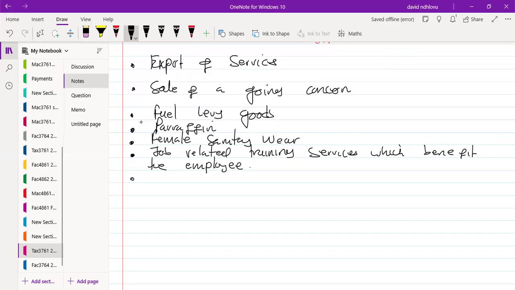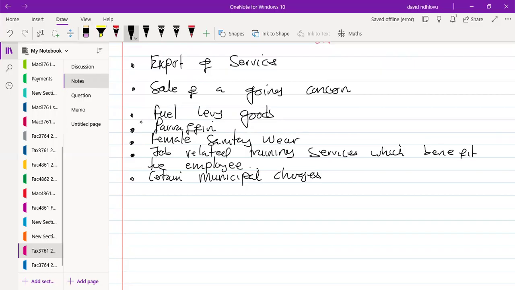Right, certain municipal charges don't attract VAT. Municipal charges, there will be no VAT.